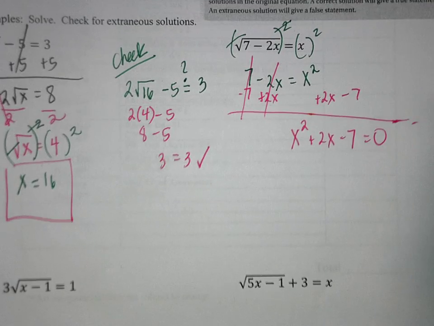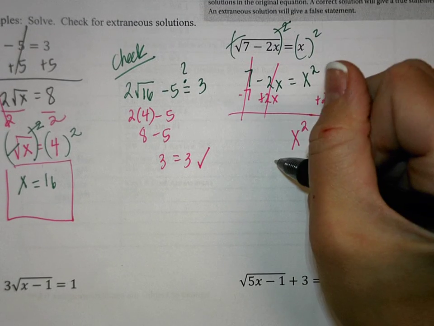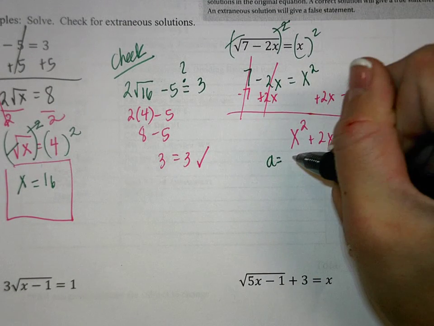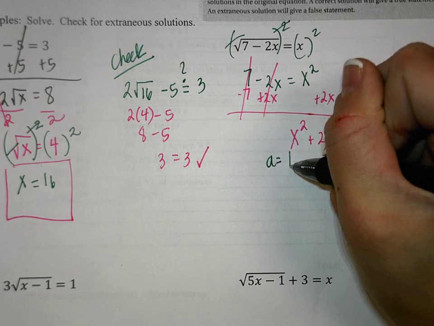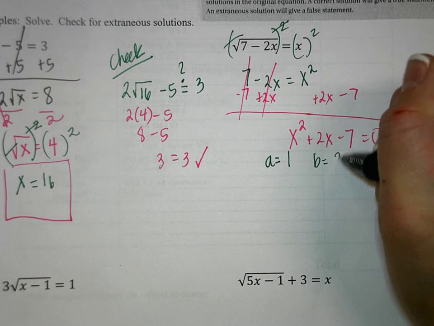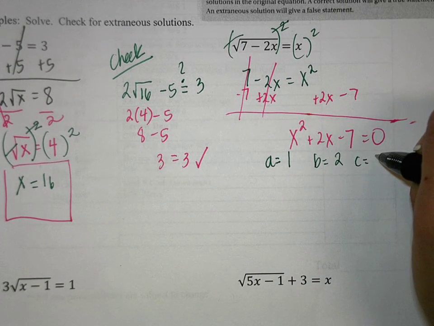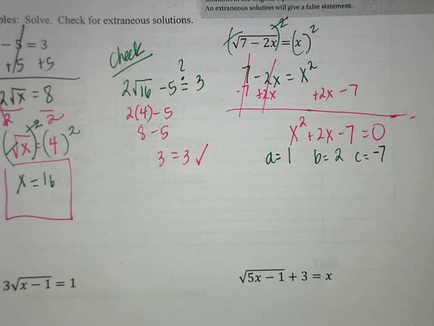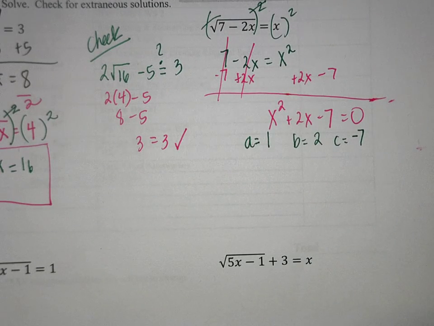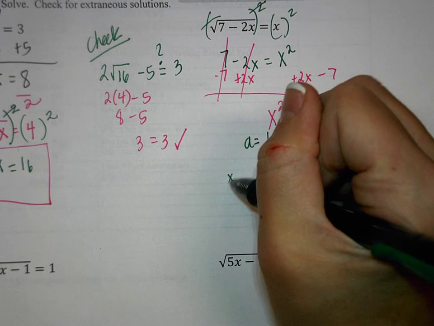Okay? And so the quadratic equation, a equals 1, b equals 2, and c equals negative 7. Do you guys remember the quadratic formula?